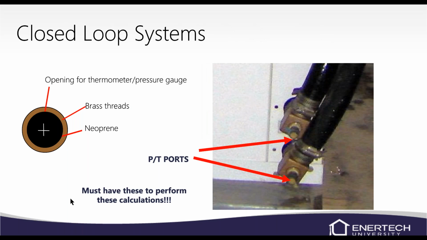Those are really the only tools besides the IOM that you're going to need. The only other thing are these pressure temperature ports where we've got these arrows pointing to them. And you can have them at the unit, like shown in this picture, or sometimes they do put them right near the flow center, which is fine with me. Basically, it's a brass fitting with a neoprene gasket in the middle with an X cut in it.